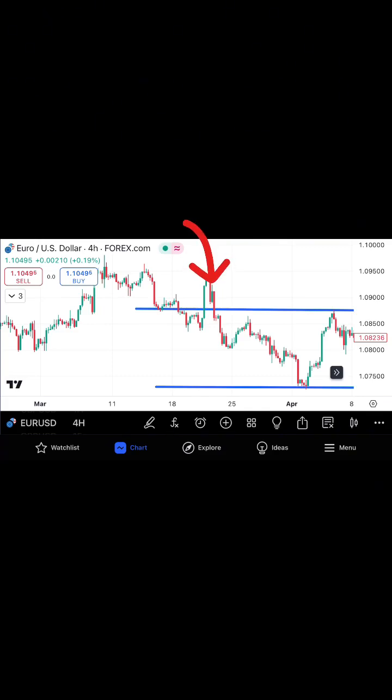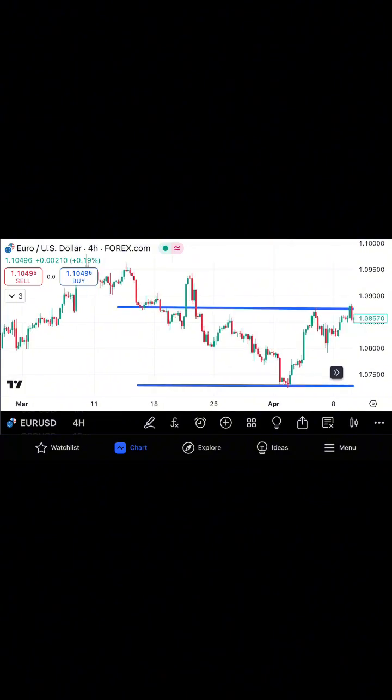From there, it continued to move down. So if you enter a trade when the market makes the first breakout at this point, you would have lost your trade. But if you enter a trade when the market makes the second breakout at this point, you would have made profit.